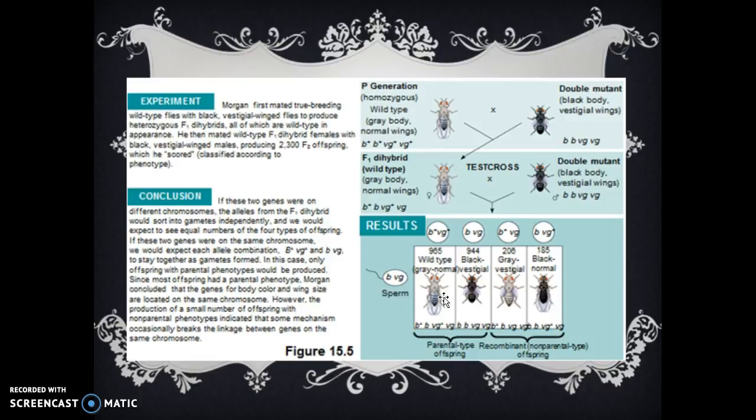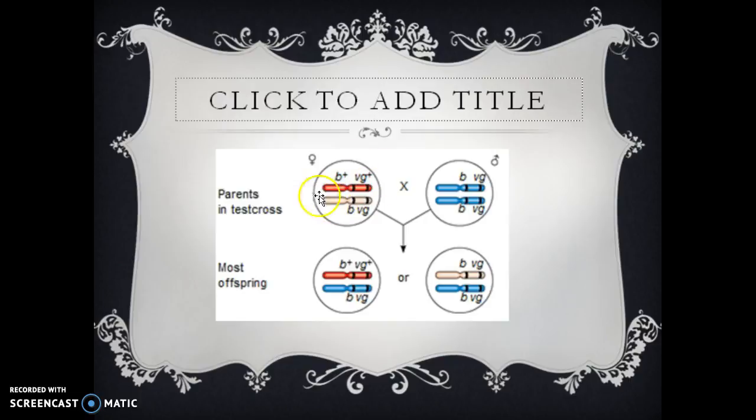He concluded that these numbers are so much higher for the parental genotypes because these alleles are linked together on the same chromosome, and these alleles are linked together on the same chromosome, which we saw in this illustration right here. We saw a little bit of linkage.